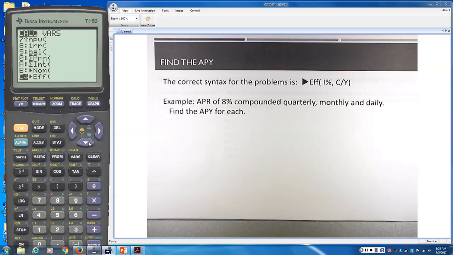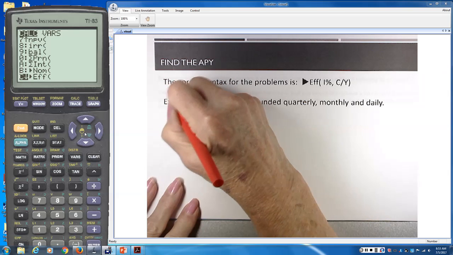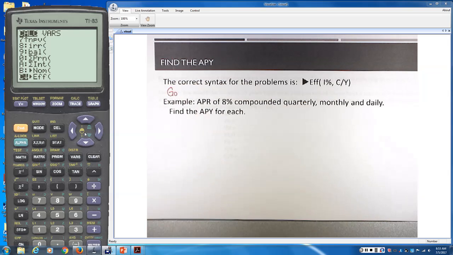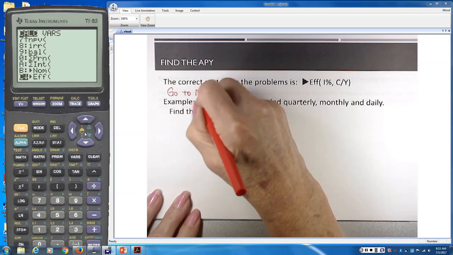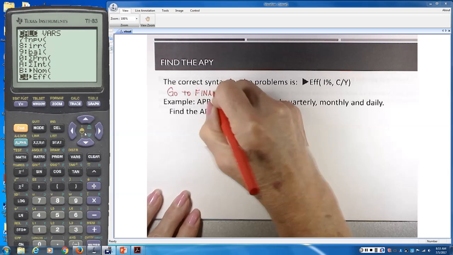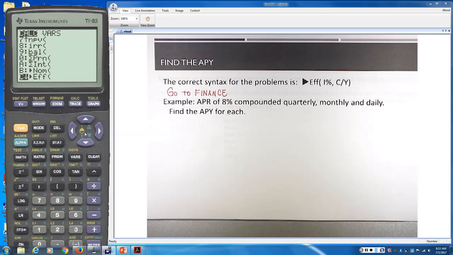Okay, go to your finance, which is the same place as TVM Solver.